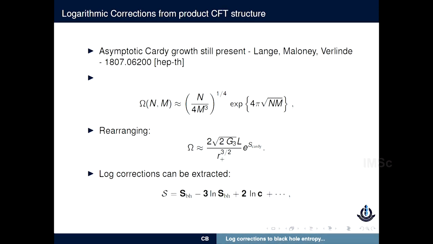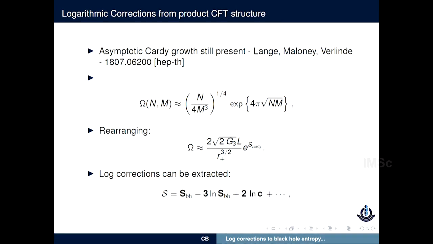All we did was to compute this additional factor, and if you rearrange and write the degeneracy of states, you get this familiar form, and from this the log corrections can be extracted, and these are the same as the ones we computed in the bulk. So the bulk and the boundary both give the same result here.